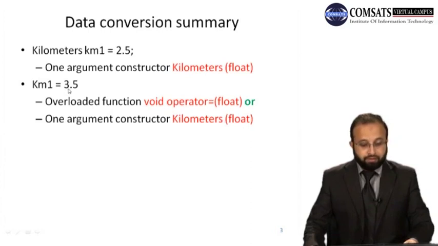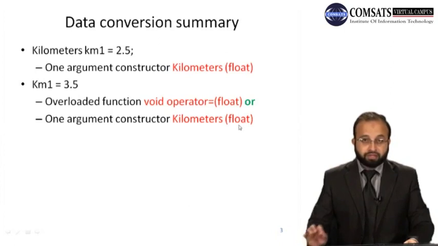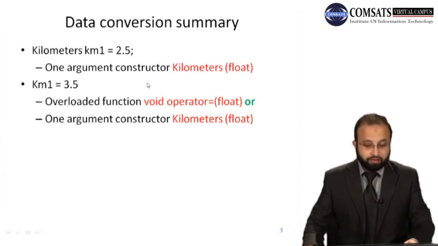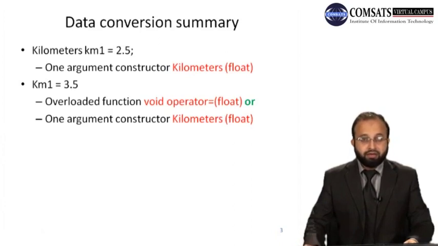So the 3.5 value that we have here is a floating point value. In the second option, if you have provided a one argument constructor, it will first convert this floating point value that is appearing on the right side of the equal sign into a kilometer object, a nameless object, and then we have a statement like km1 is equal to nameless object of kilometer class. How will it convert?